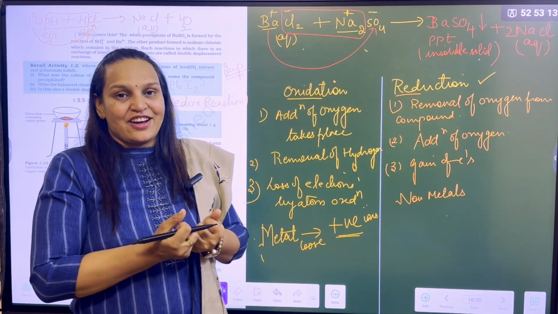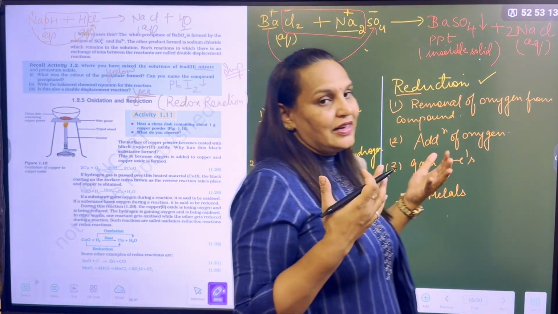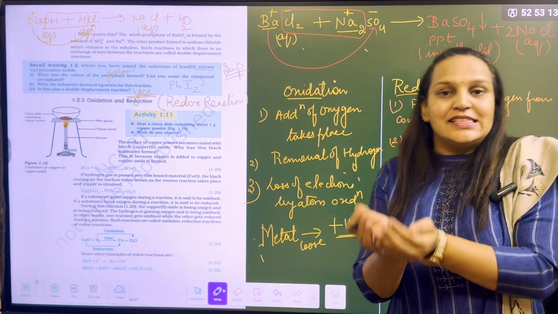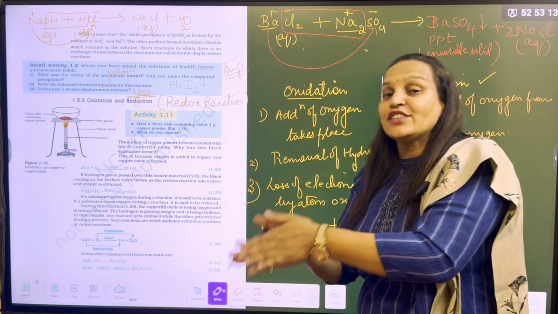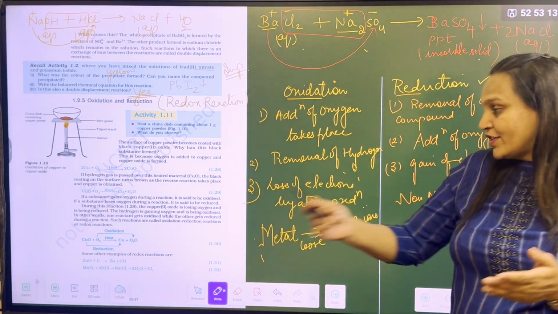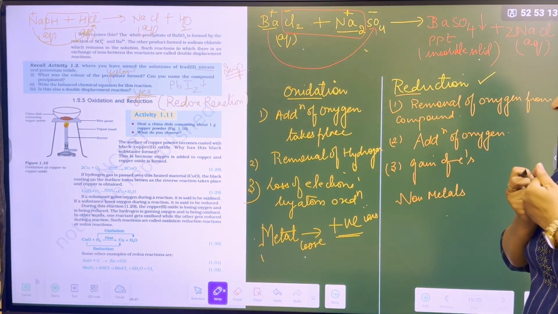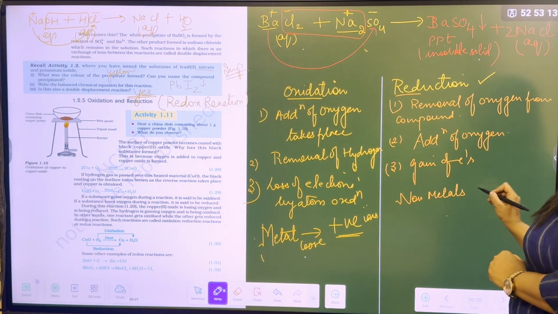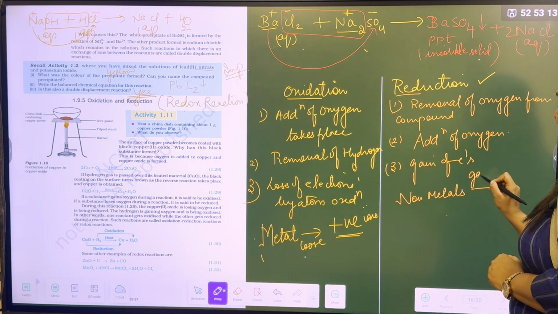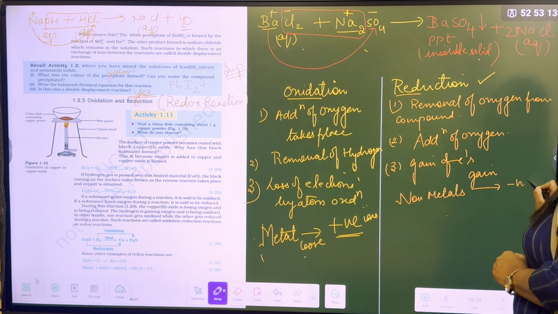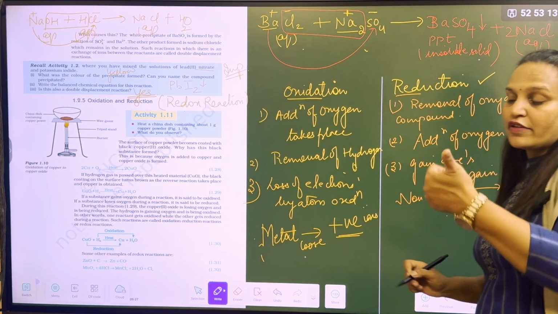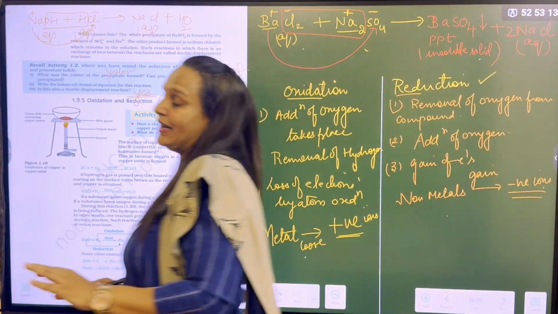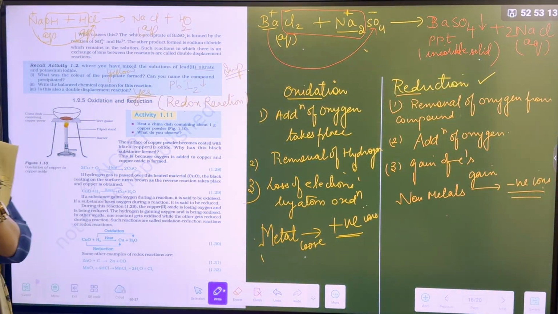They gain the electrons. Like, have you seen near the temples, beggars are sitting. They are accepting the donations. So metals donate, so they give the positive. Non-metals gain, so they get the negative. Non-metals gain electrons, so they form negative ions. So always remember, non-metals are negative, they are undergoing reduction.